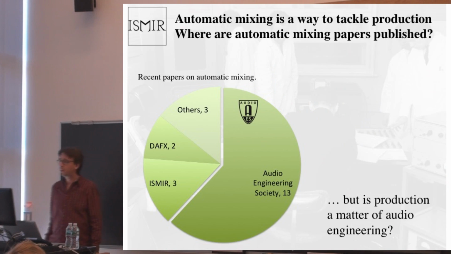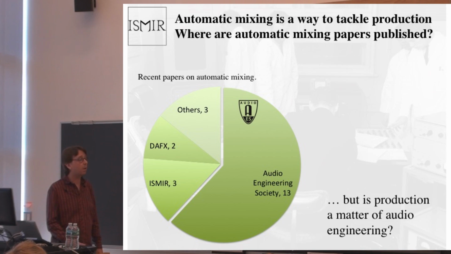Automatic mixing is a way to objectivize production, because mixing is the essence of production. You don't have production without mixing. Mixing is a huge part of what you do in the studio.